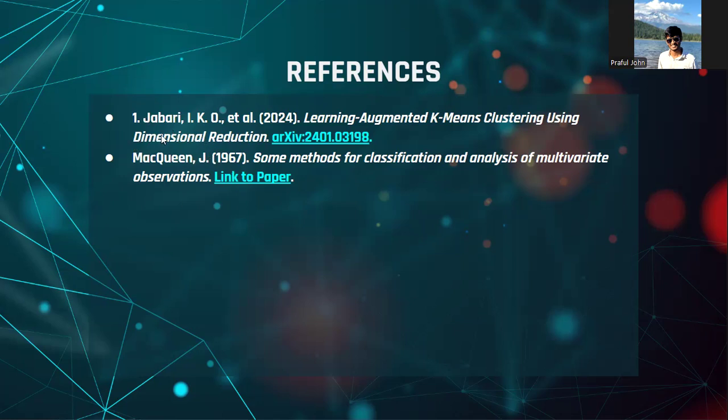The author is Jabari, who wrote this survey paper titled Learning Augmented K-means Clustering Using Dimensionality Reduction. I have attached the link to this reference, and McQueen J, who wrote Some Methods for Classification and Analysis of Multivariate Observations, and who basically introduced the k-means algorithm.